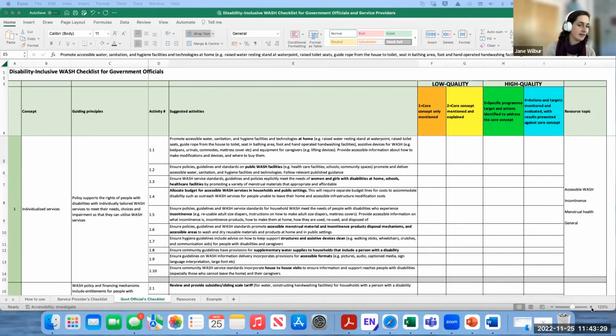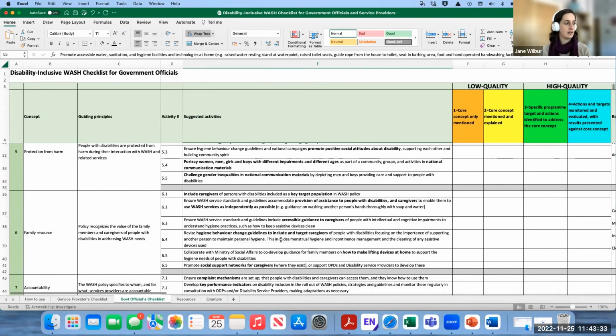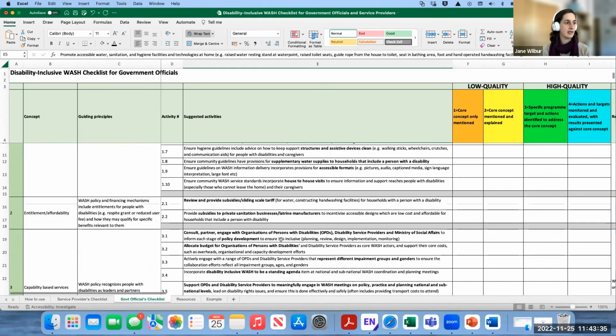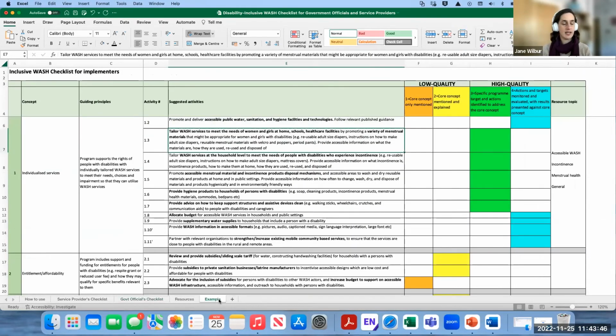But it is exactly the same as the service providers one, just the wording of suggested activities and the focus of those relate to policies. Now, the final worksheet is an example. It's an example of a completed checklist.